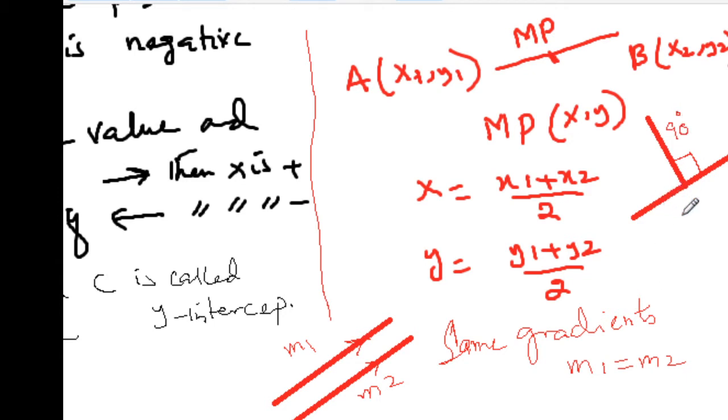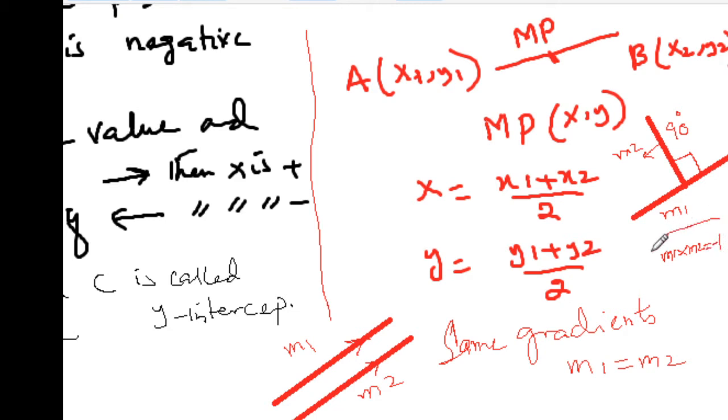Now the product of their gradients, this is m1 and that is m2, so m1 times m2 is always equal to minus 1.